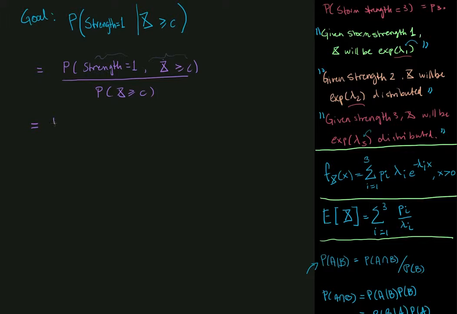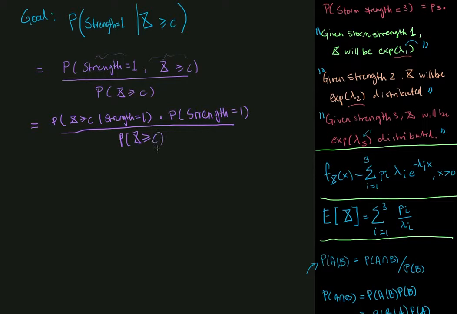So this is equal to the probability of X greater than or equal to C given the strength is equal to 1, multiplied by the probability that strength is equal to 1, divided by the probability that X is greater than or equal to C.